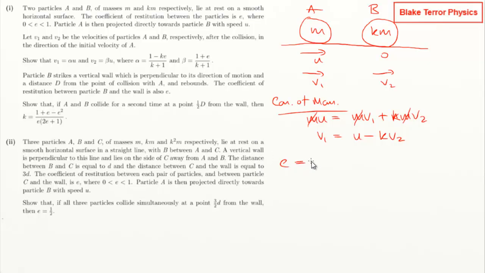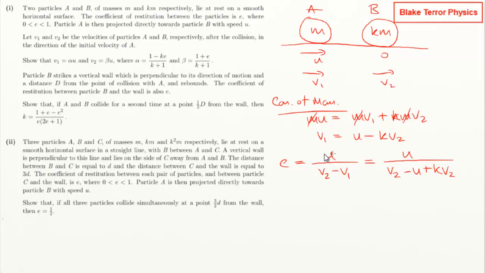So e is going to be the approach speed, which is u, divided by the separation, which is v2 minus v1. So that is going to be u divided by, let's get rid of v1, v2 minus u plus kv2. Okay, and I want to get v2 on its own.